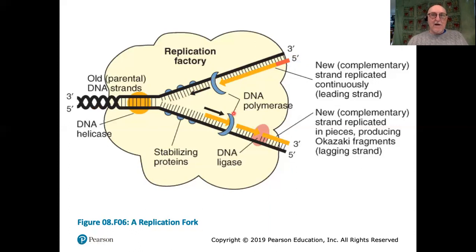But on the other strand, it gets a little bit more complicated, and its complication is because of this rule. We have to lay down primer. On the leading strand, it's fine. All we have to do is lay down primer once, and we can proceed to add tens of thousands of bases in a long strand thereafter. We don't have to worry about it again.